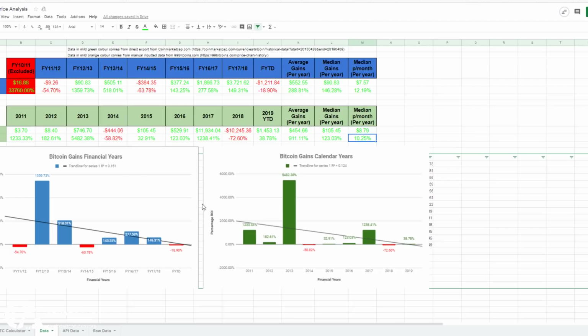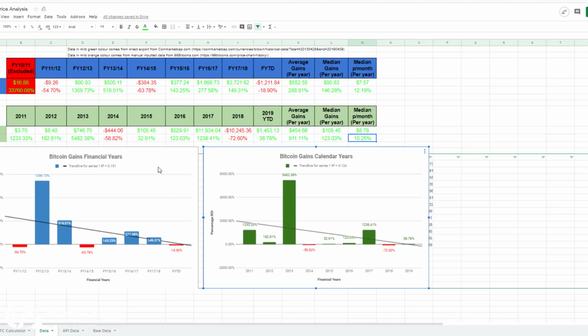Now, to more easily interpret this data, I've put it into 2 graphs down here. On the left, we've got Bitcoin gains financial years, which is merely just this data at the top here placed into a bar graph. And then we've got Bitcoin gains calendar years, which you can see the green lines up with the green in these cells just here.